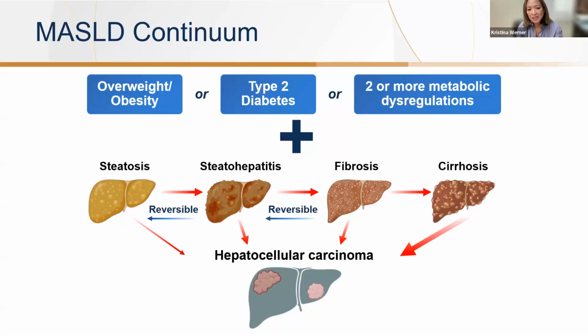So MASLD spans the continuum from steatosis to steatohepatitis and to fibrosis, ranging from 1 to 4. Usually fibrosis 3 and 4 is advanced, and it can lead to cirrhosis as well. And once you get to cirrhosis, there's a possibility or tendency to develop cancer or hepatocellular carcinoma.